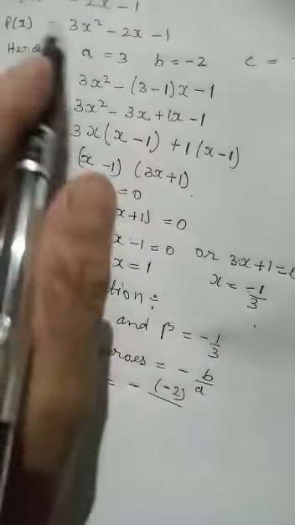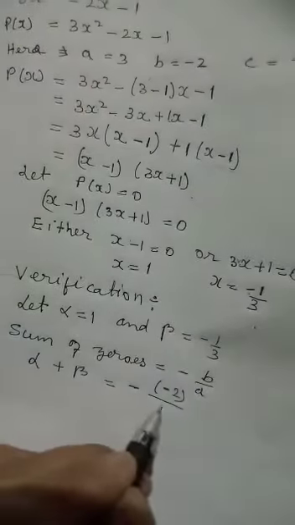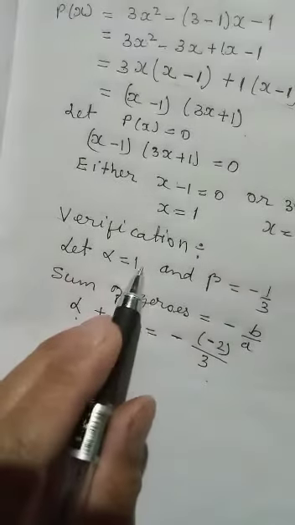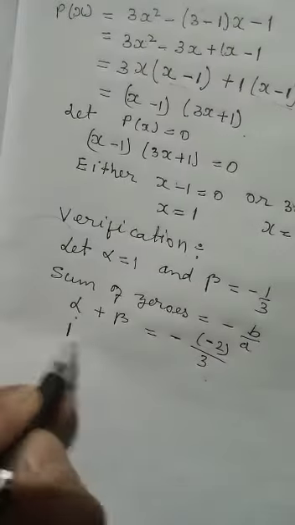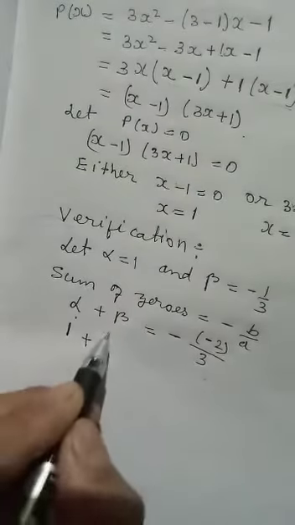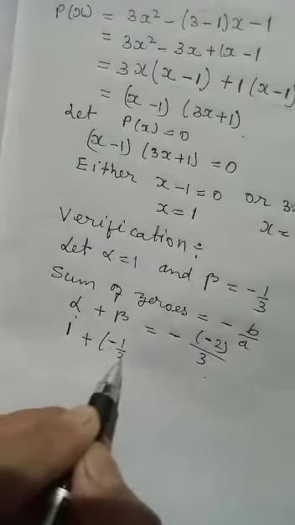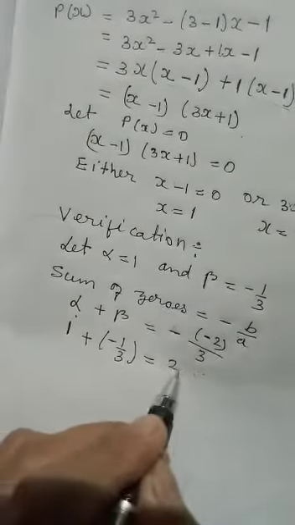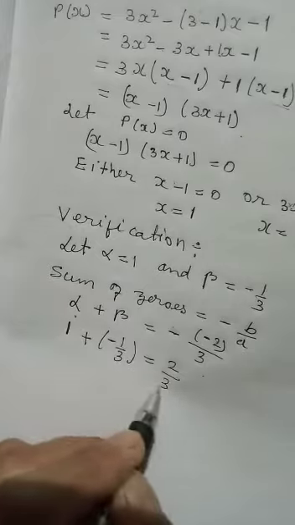Then a we already have from here, it's equal to 3. Now in place of alpha we can replace 1. In place of beta we can replace minus 1 by 3. Then here we have minus 2, minus, plus. Then here we have 3.